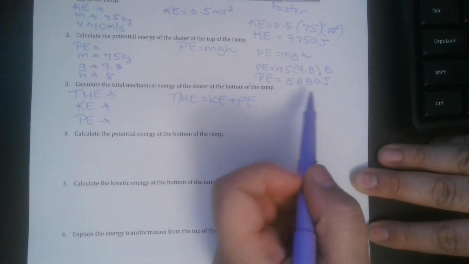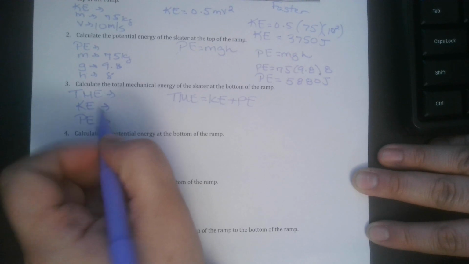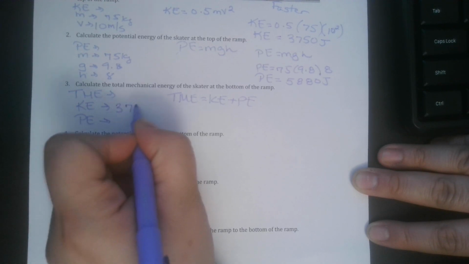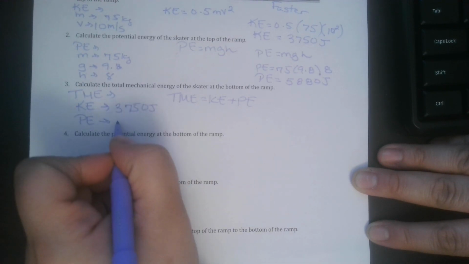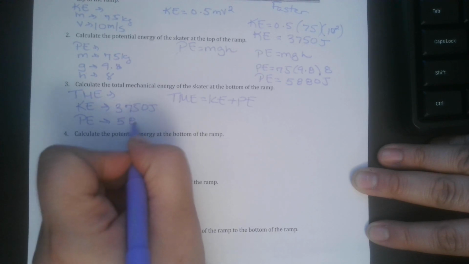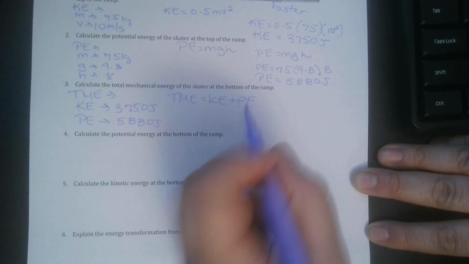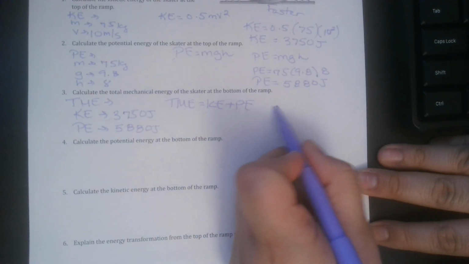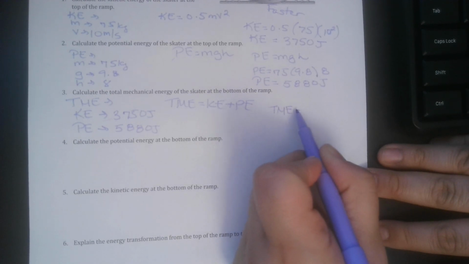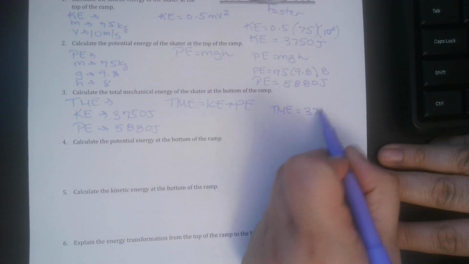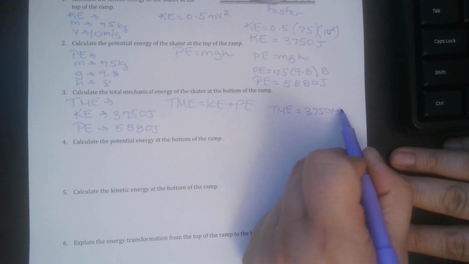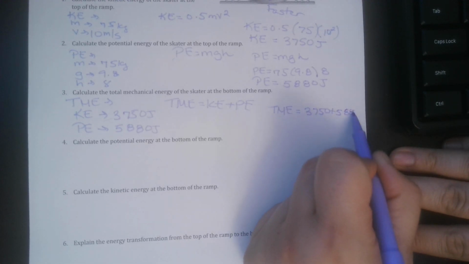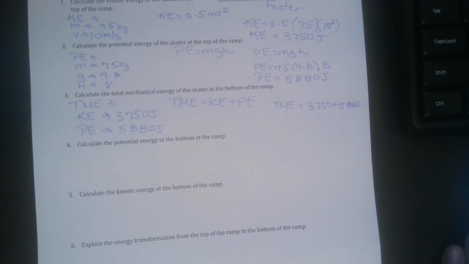So bringing the numbers from up here, 3750 joules and 5880 joules. So our total mechanical energy is 3750 plus 5880.